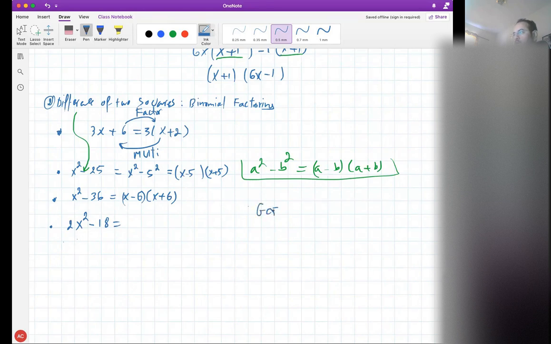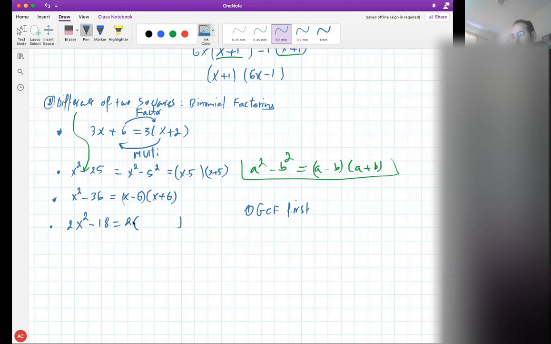So GCF, always try the GCF first. And after you do the GCF, then you look for something else. So 2 is a common factor, so we're going to factor out 2. That's the only thing common, open the parentheses, just like we did here.